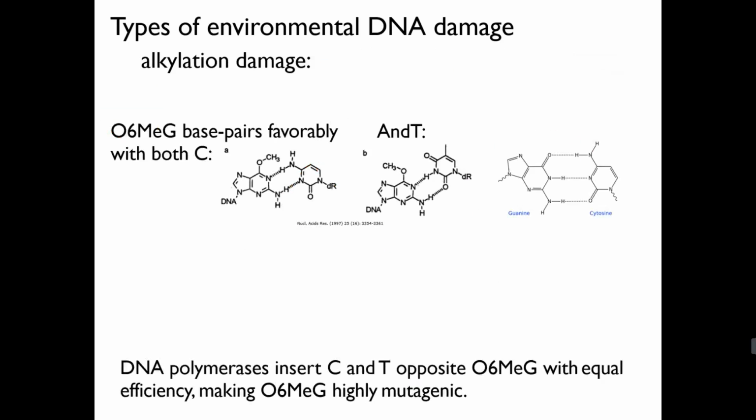So now O6-methyl-G, rather than base pairing favorably with C, will base pair not only with C, but with T. And this is what's shown here in this slide. The methylation position is neither a hydrogen bond donor or acceptor, and now we have the possibility of H bonding to either C or a T as demonstrated.